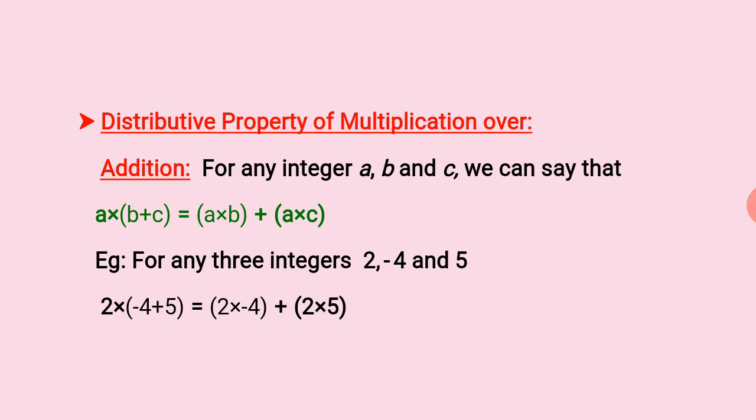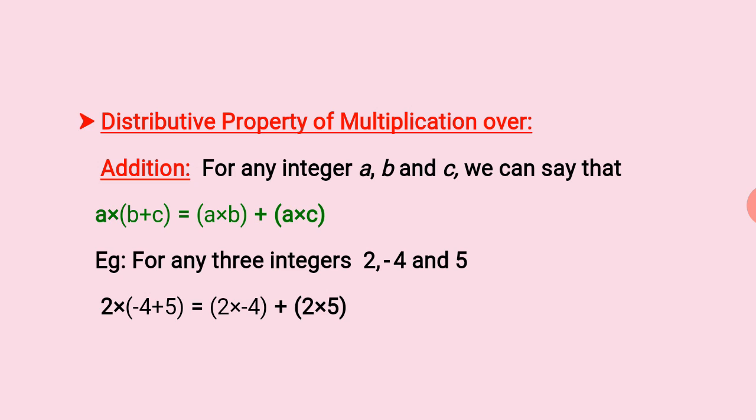For understanding it much better, we have taken three numbers, any three integers as we have been talking about now. So here the three integers are 2, -4 and 5. So we have substituted it: 2 multiplied by -4 plus 5 equal to 2 multiplied by -4 plus 2 multiplied by 5.